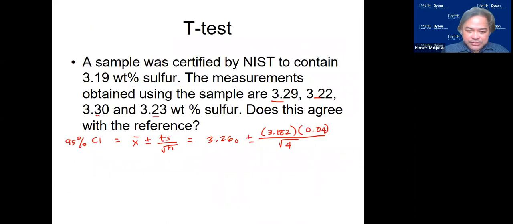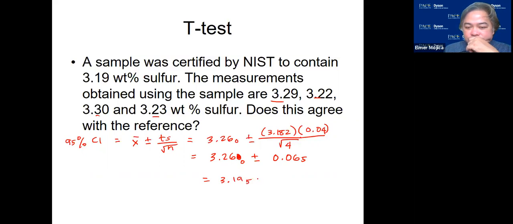So what's the value that we get? You will have 3.260 plus or minus 0.065. And this will become 3.195 to 3.325% weight.